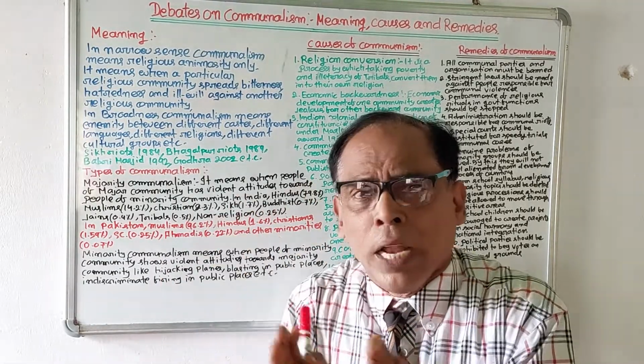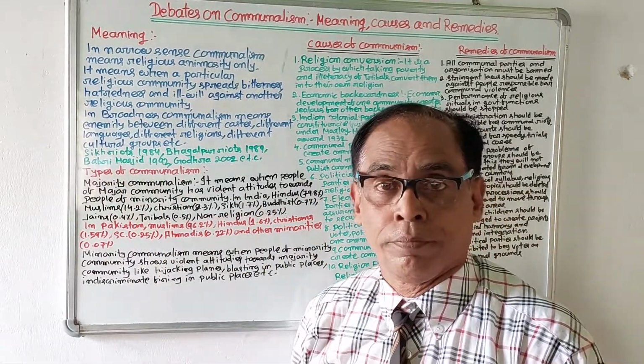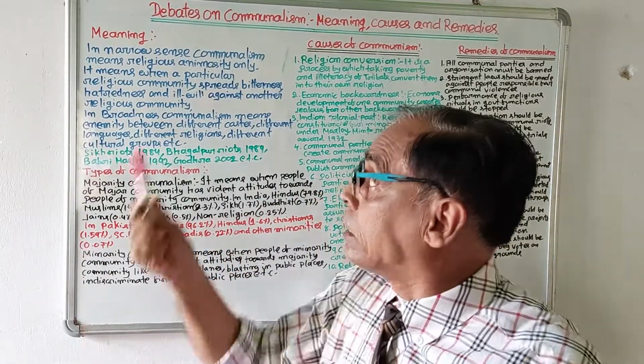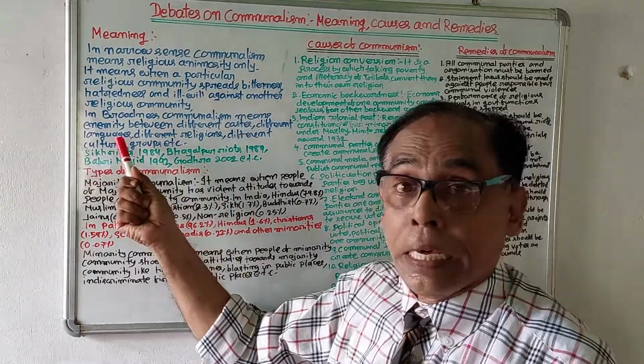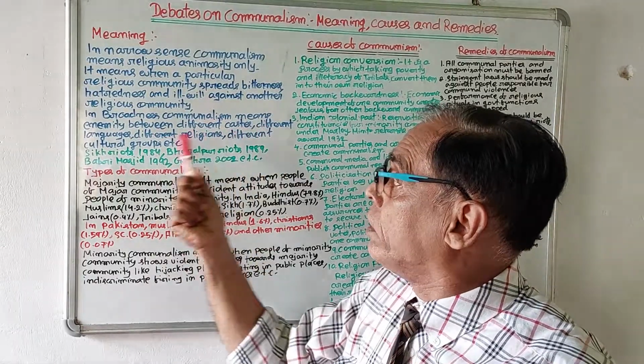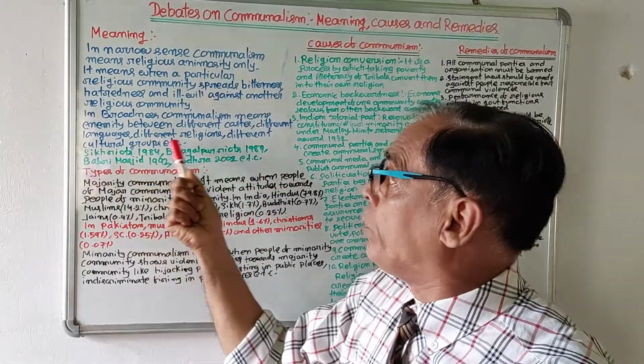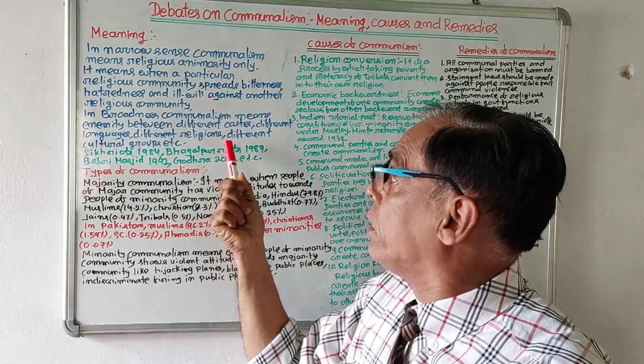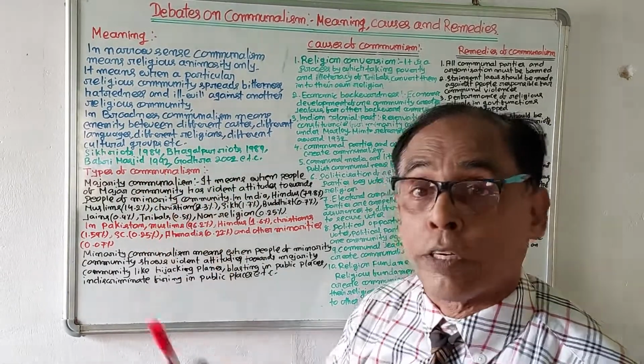But what is communalism in broad sense? In broad sense, communalism means enmity between different castes, between different languages, between different religions, and between different cultural groups, etc.